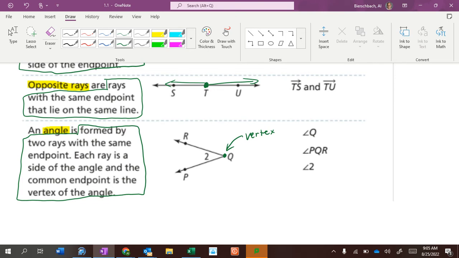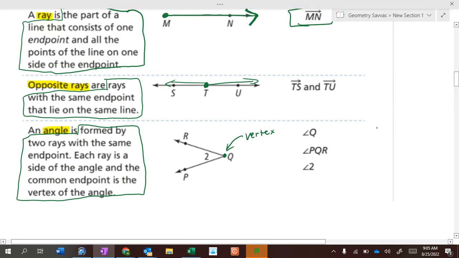So, now, to name an angle. Okay? We can use a number to name an angle. Angle 1, angle 2. What's another name for angle 1 using letters up there?